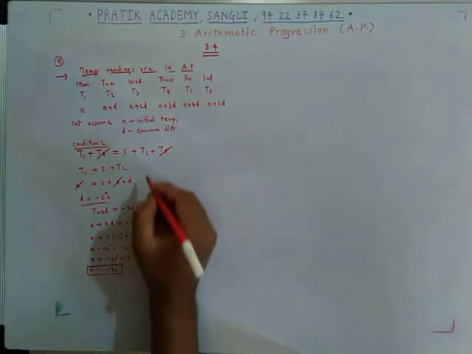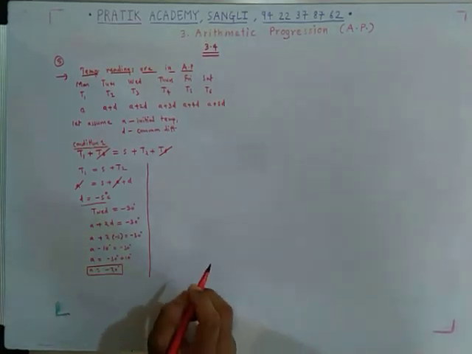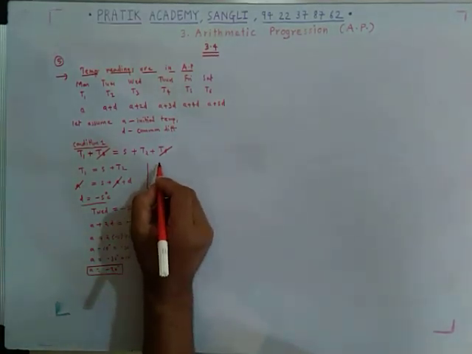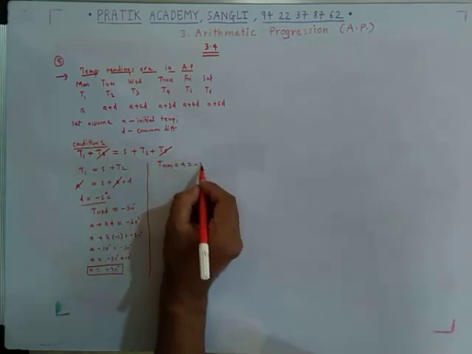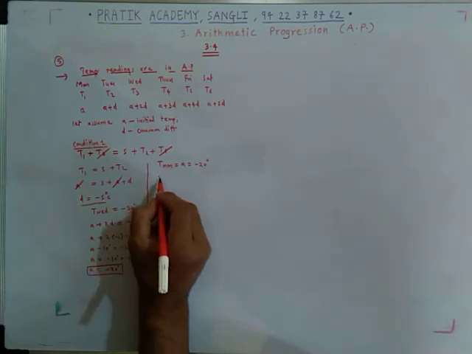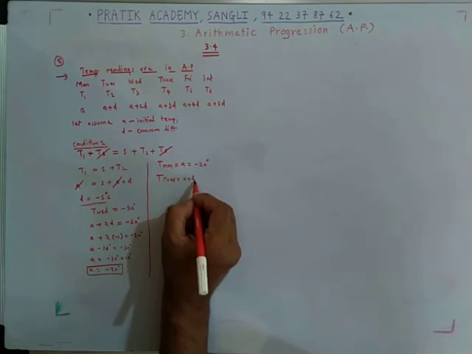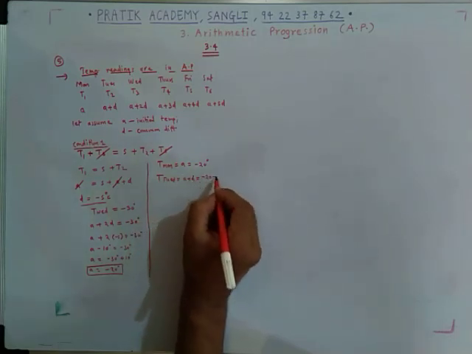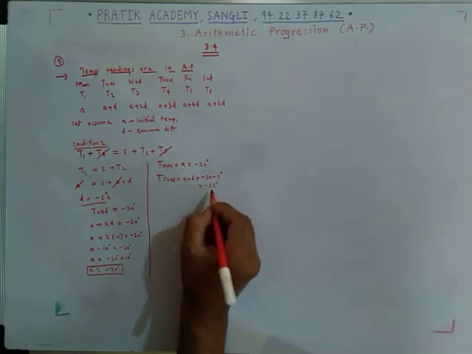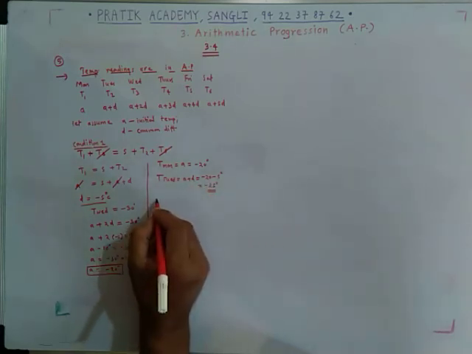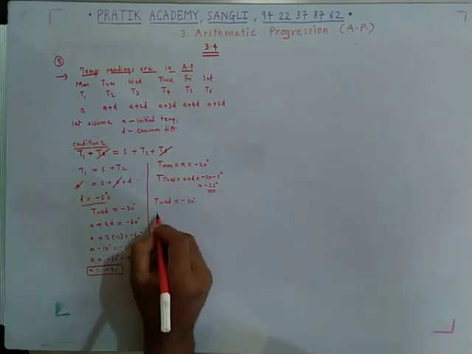What is asked? They have asked to find the temperatures on each day. So T1, or T Monday, is a, that is minus 20. T Tuesday is a plus d, so minus 20 minus 5 degrees Celsius will come to minus 25. In the same way, T Wednesday is already given as minus 30 degrees Celsius.